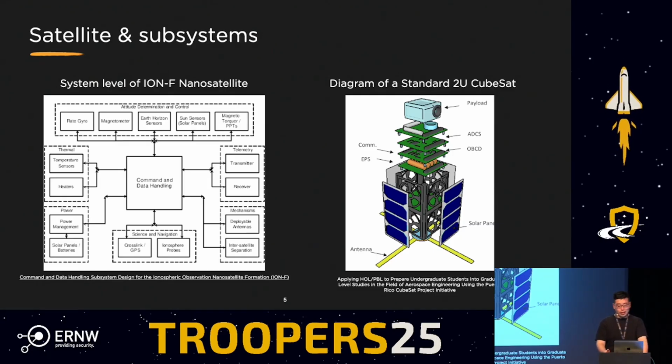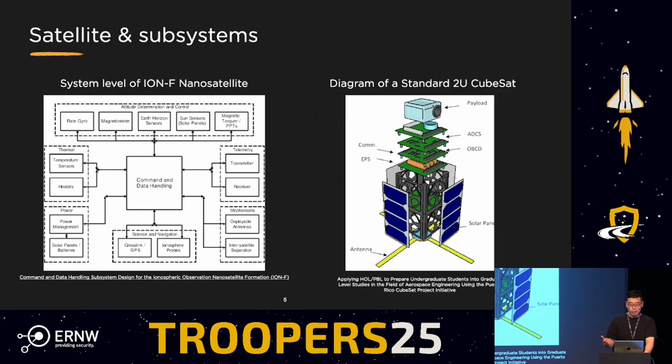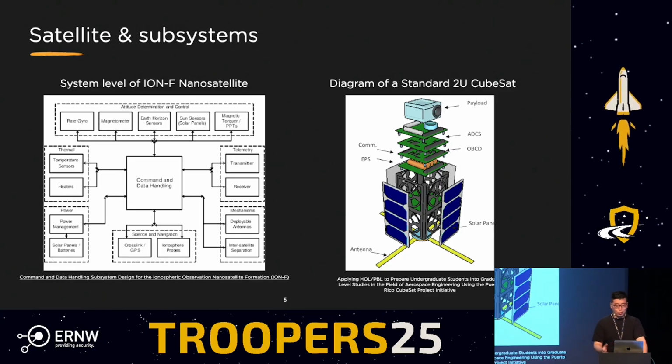And on your right-hand side, there's a diagram of a standard 2U CubeSat, which is the most compressed kind of satellite, and it's very small. It only contains the necessary parts, for example, the onboard computers and the payload. The payload here is the device for the mission, for example, an X-ray imager or something, and also the antenna and some parts for the electric supply.